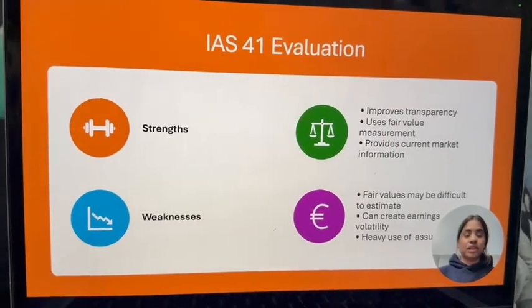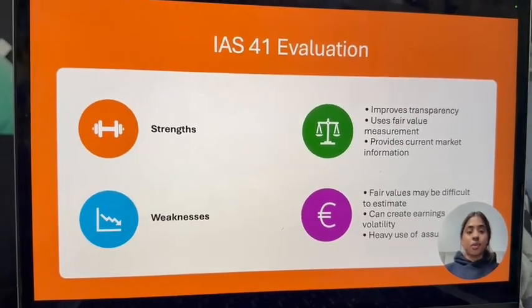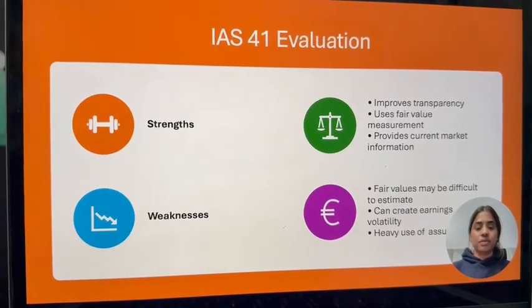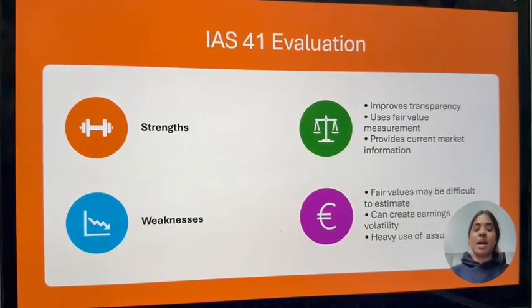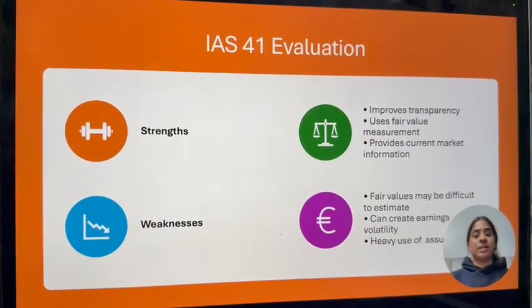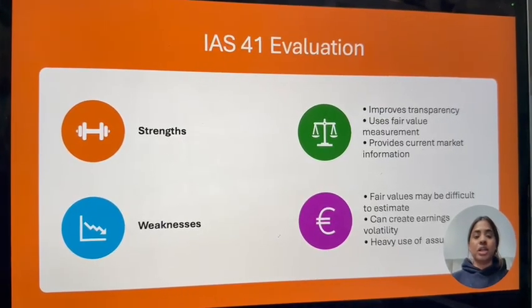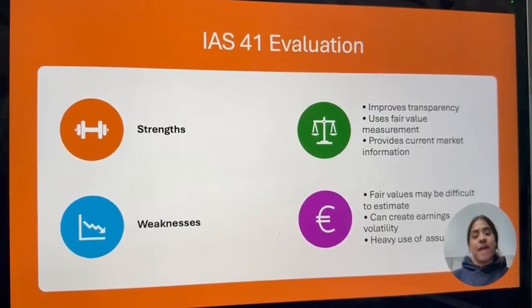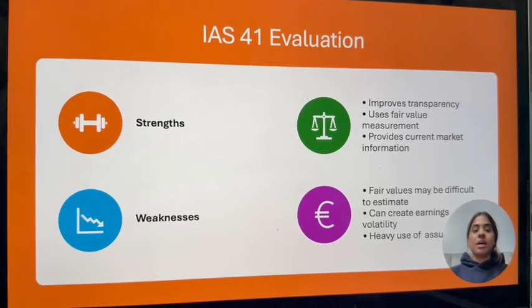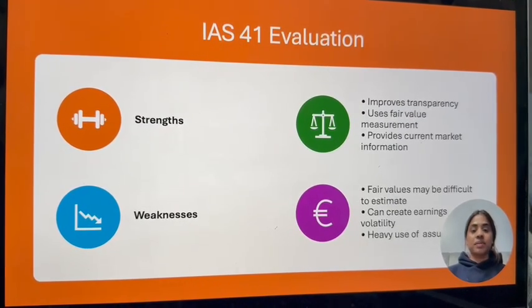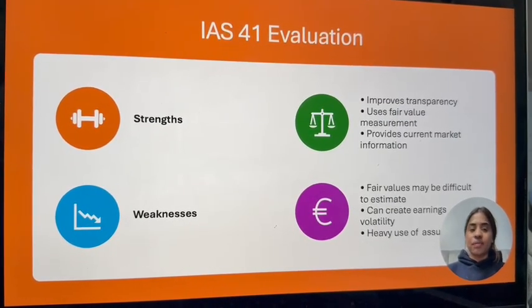Now we're moving on to the conclusion, everyone. Overall, IAS 41 improves transparency because companies are now using fair value instead of just historical costs. It gives a more current picture of what biological assets are worth at that time. But at the same time, it's not perfect. A lot of these valuations are honestly not that straightforward.